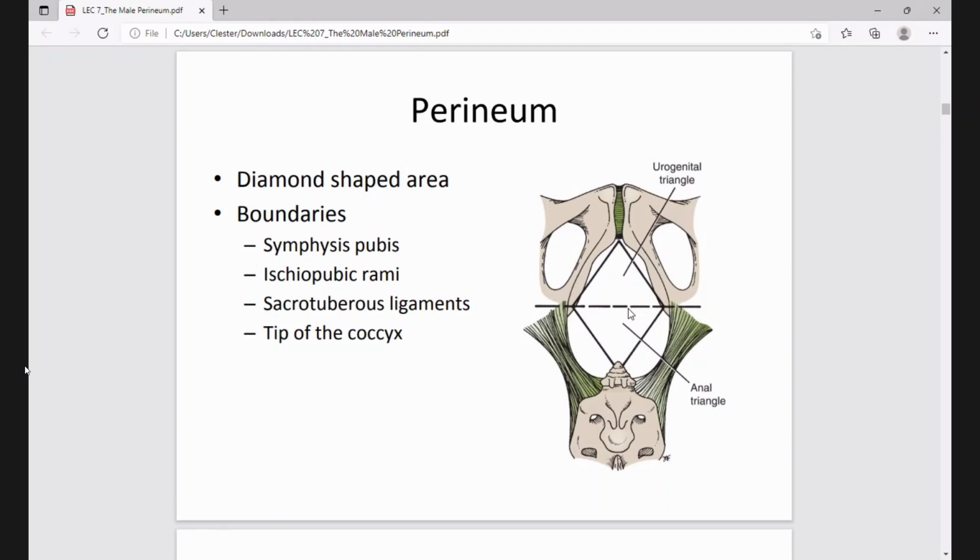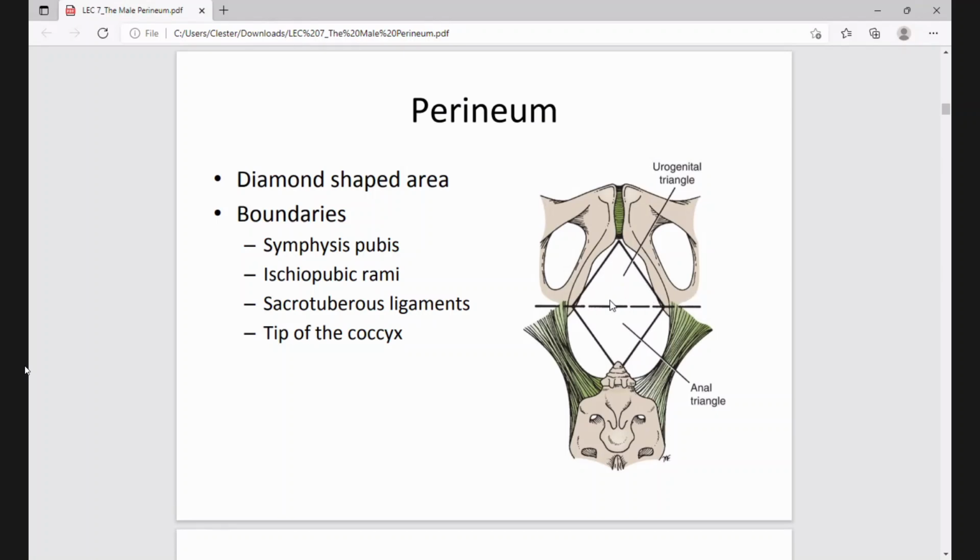Now, if you draw an imaginary line connecting the two ischial tuberosities, from left to right, you will bisect or divide this diamond-shaped area into two triangular areas, one half on the anterior, the other half on the posterior.